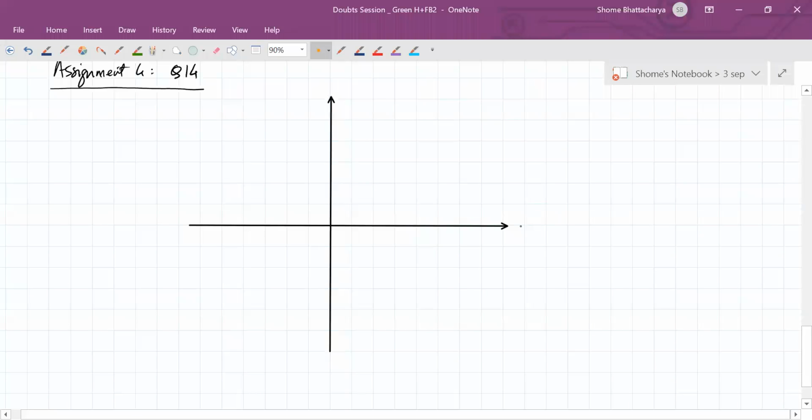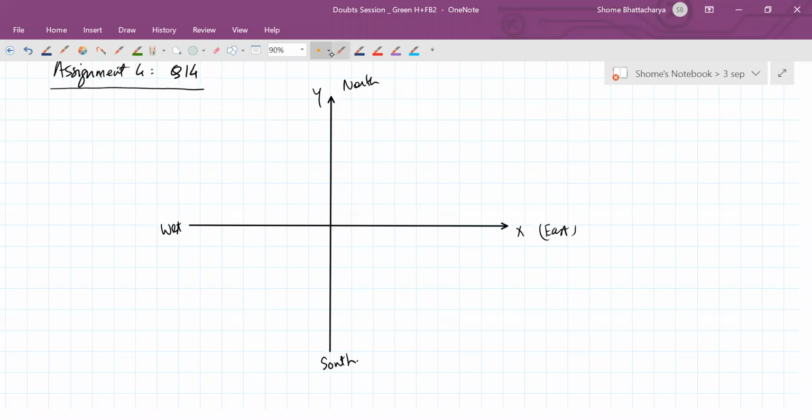If this is east, okay, now start with the given information. So the given information for us is something like this, that the vector P is 10 meters towards east.